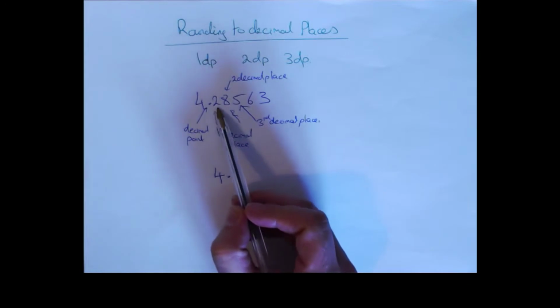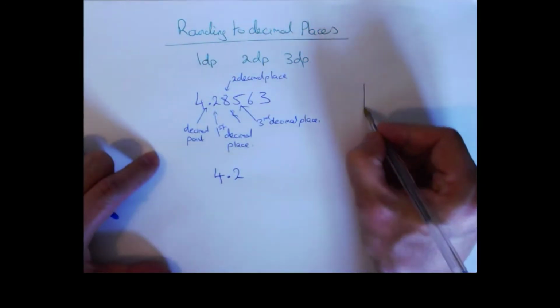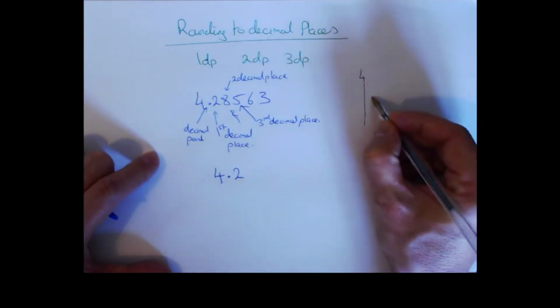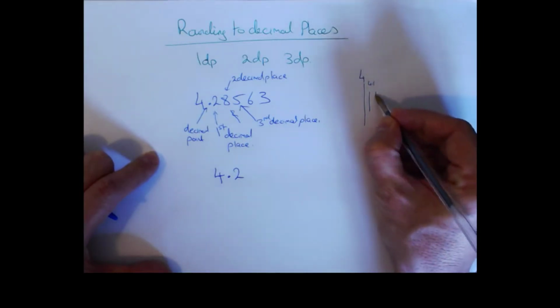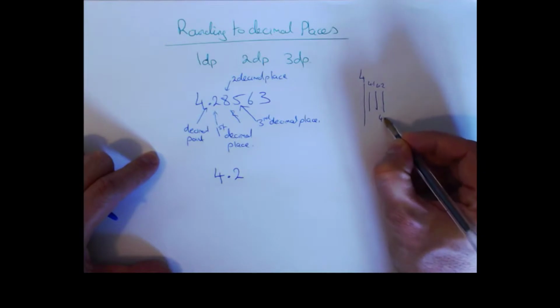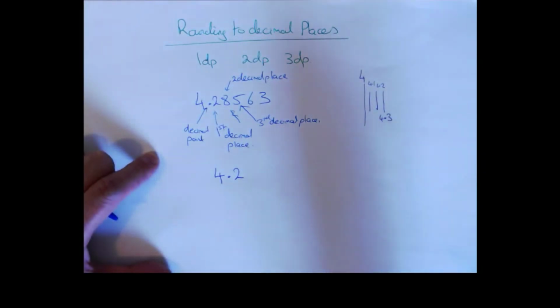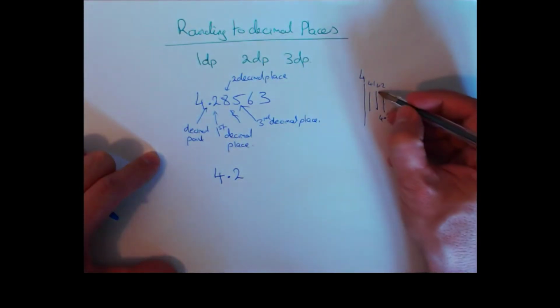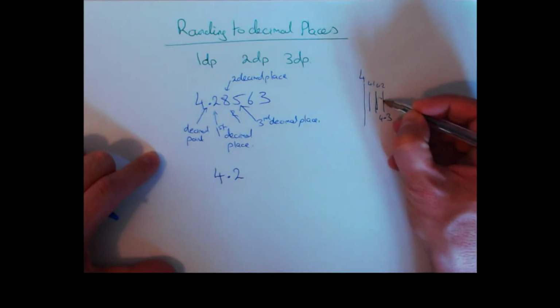So we know that 0.28, when we're measuring, here's 4, there's 4.1, there's 4.2, here's 4.3. Now 4.28 in this picture would be 4.2 and most of the way to 4.3.